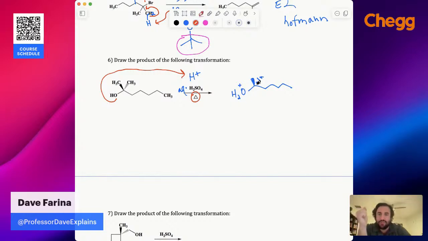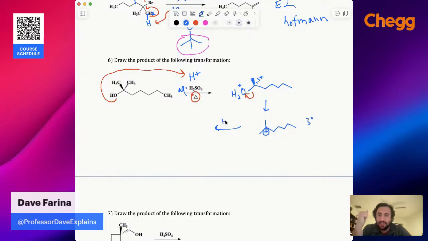So that's a very good leaving group, and we have a tertiary substrate, so that's actually going to work out just fine. And so let's let that leave. And now we have our tertiary carbocation, which is stable. As far as carbocations go, it's the more stable. Now, what else do we have? We're not going to leave the carbocation.